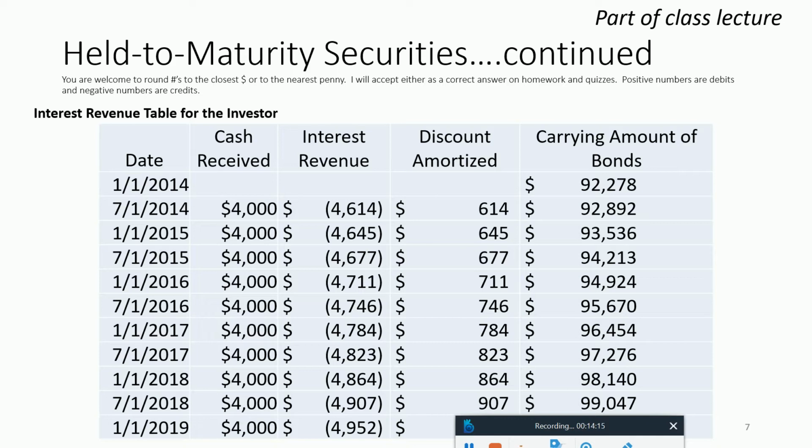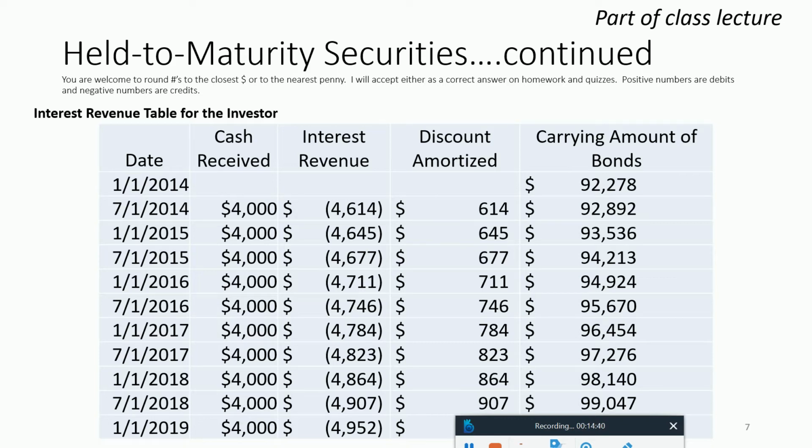So each semi-annual period, she's going to receive cash of $4,000. That cash is going to go as a debit and increase the cash balance on the balance sheet. She's going to record interest revenue. It's a credit that's going to be on the P&L.